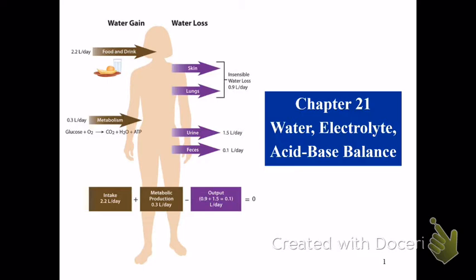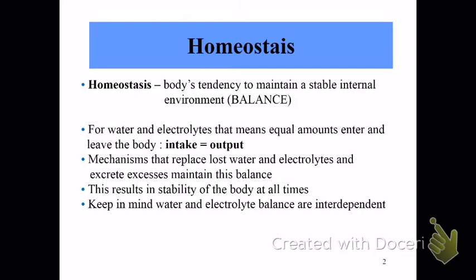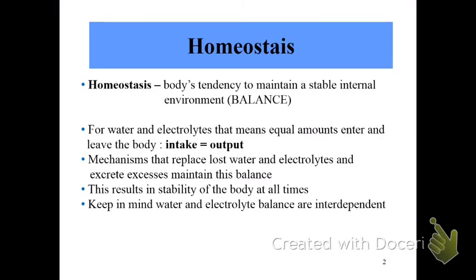Okay, so start with the first slide, chapter 21. It's really all about balance, homeostasis. What are we balancing? Water, electrolytes or ions, right? Sodium, potassium, things like that. And then the pH, acid bases. Okay, so homeostasis is just how your body maintains a balance in temperature, in pH, in sugar levels in your blood.